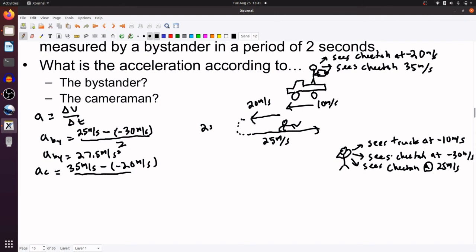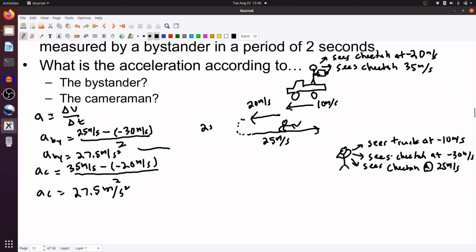Divided by 2. So 35 minus a negative 20 gives me a positive 55. 55 divided by 2, surprise, surprise. Acceleration according to the cameraman, 27.5 meters per second squared.